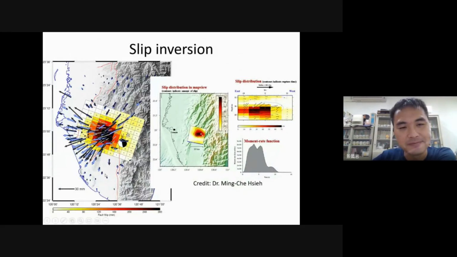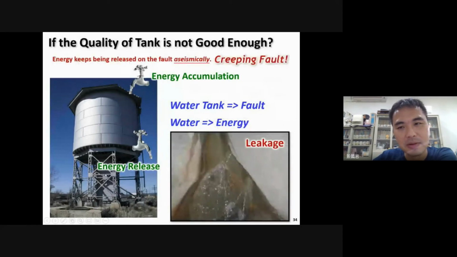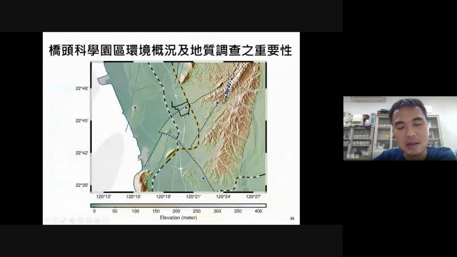Here is the harbor for the Navy, Taiwan Navy, and this is the hill. So this study area is just south of the earthquake. The earthquake should be somewhere over here, and the main rupture area is just north of this region.